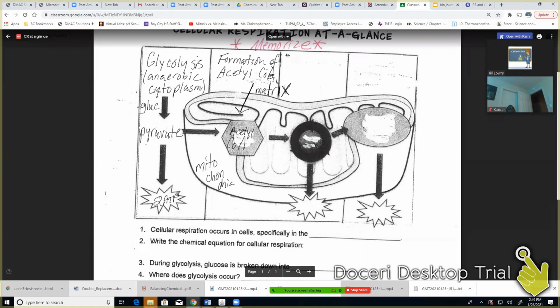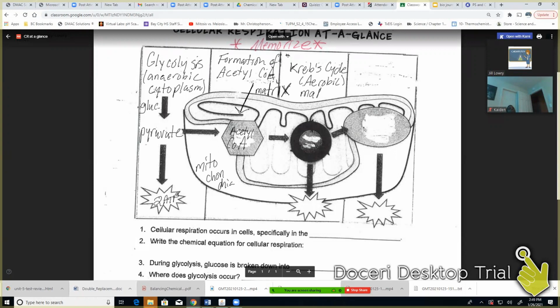And then it moves along into our next step after glycolysis, which is called the Krebs cycle. And this is aerobic, which means it does require oxygen.